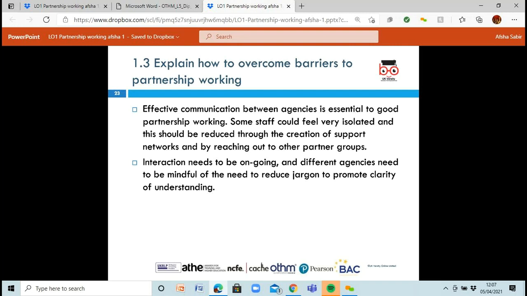So, again, interaction needs to be ongoing, whichever agency you're in. Say you do care work and I'm more on the educational side. If you come and start telling me some jargon while working together, I might not understand you. So if you use jargon, explain what it means, or notice if someone looks blank, because you can normally see their faces.